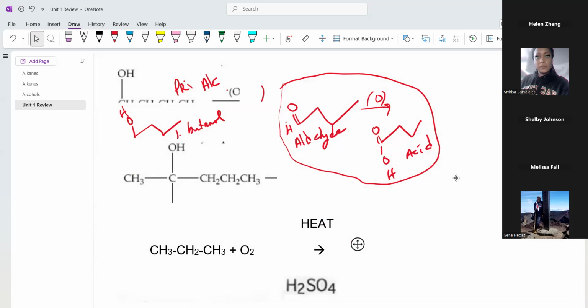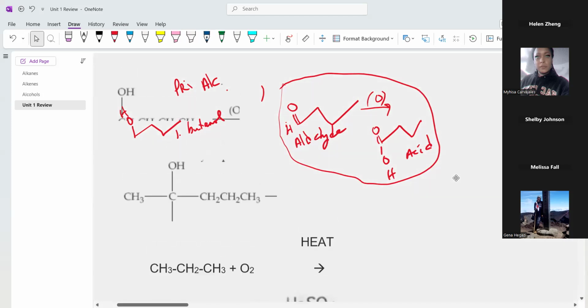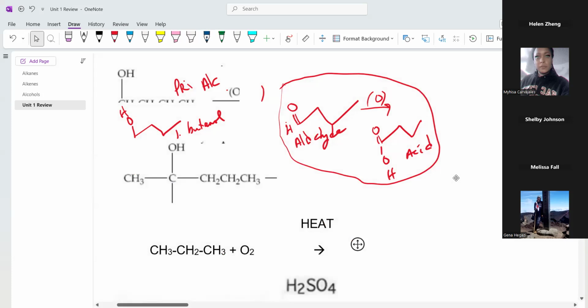Okay, so this one, this is an alcohol, secondary alcohol. If it's being oxidized, okay, secondary alcohols go to ketones.